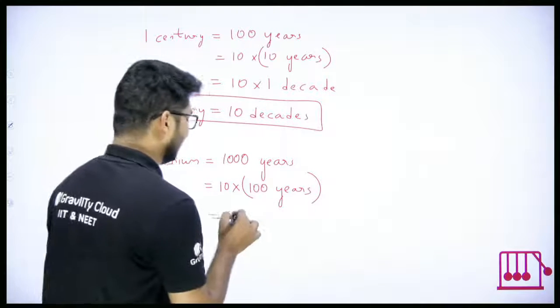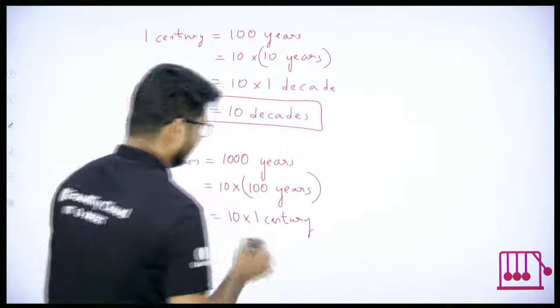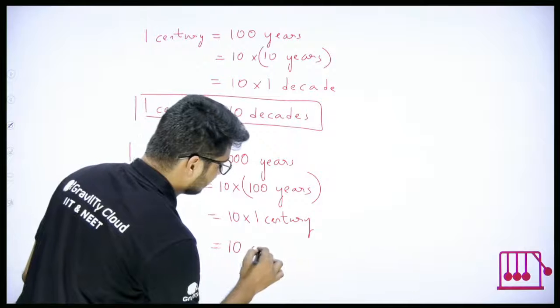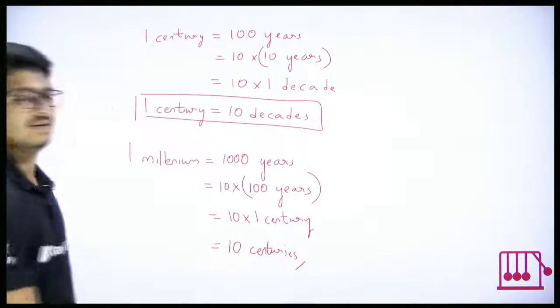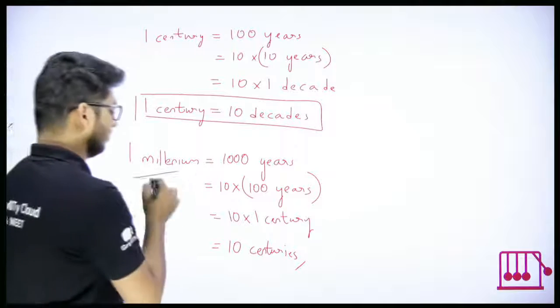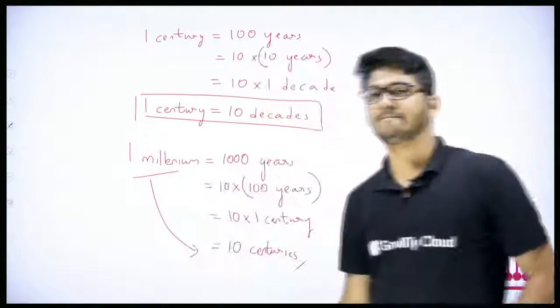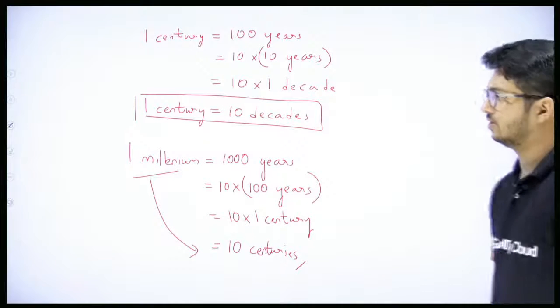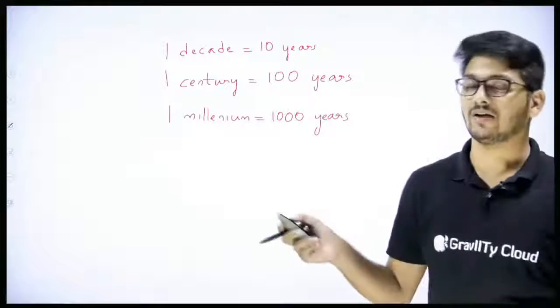So it can be said that it is equal to 10 into 1 century. 10 into 1 is 10. So it is 10 centuries. Clear? So 1 millennium is equal to how much? 10 centuries. Got it? Good. So you have 1 decade, 1 century and 1 millennium.